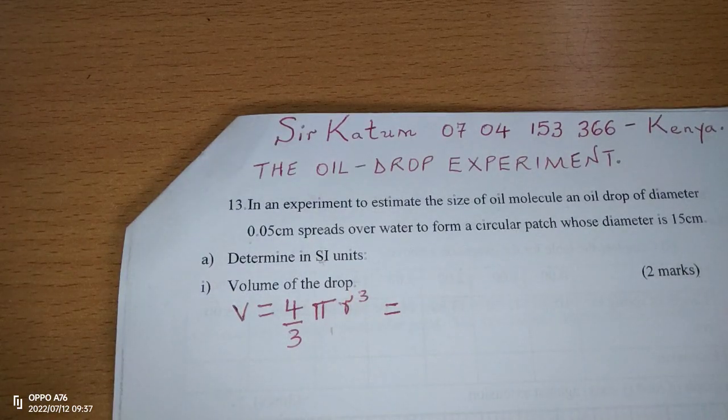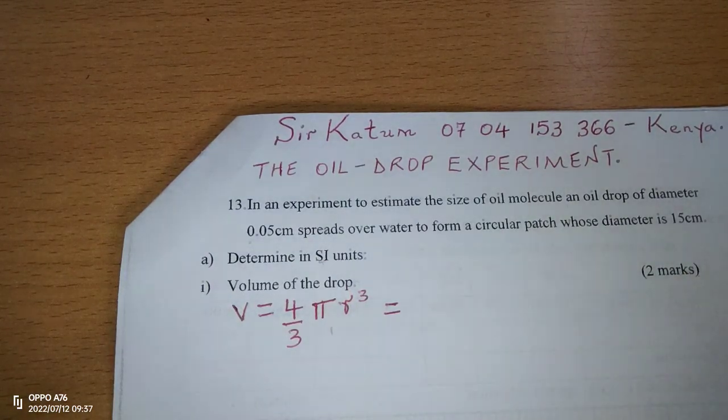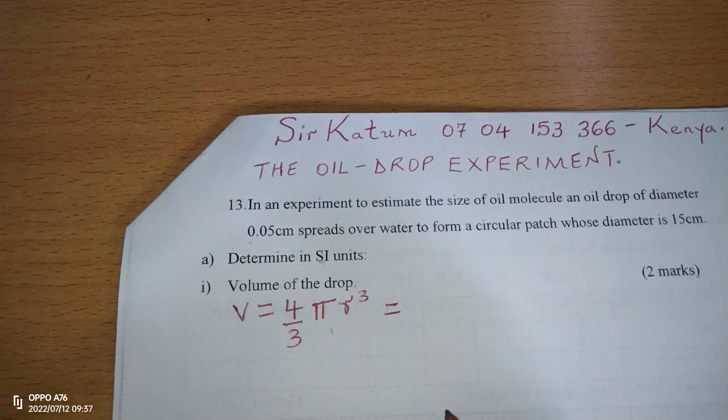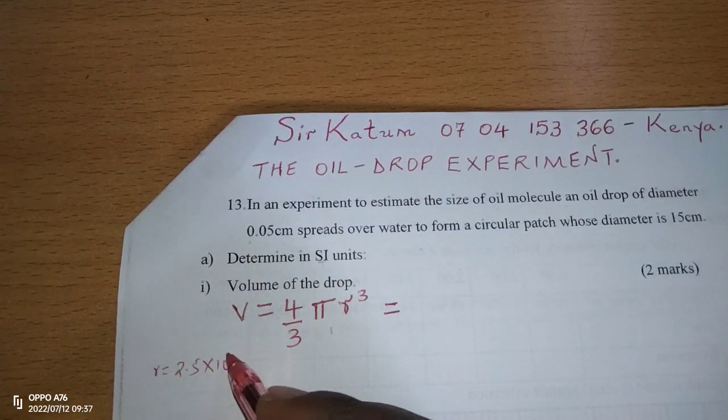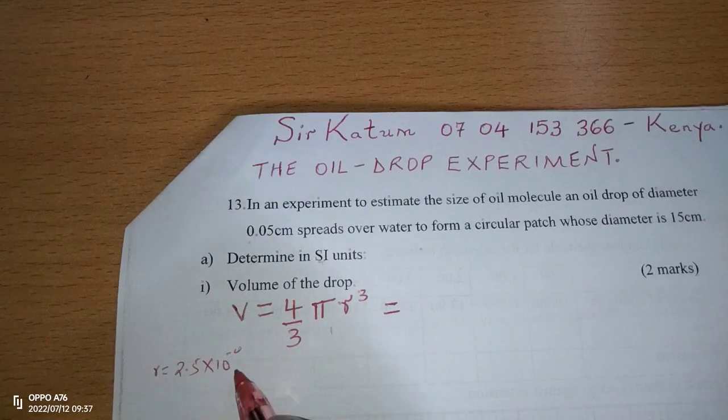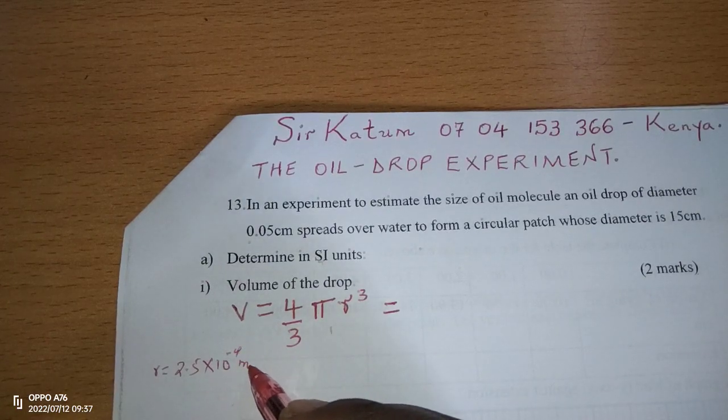Therefore, we divide 0.05 by 2 to make it a radius of 0.025. Then we divide this by 100 to make it meters, such that the radius now is 2.5 times 10 power negative 4 meters.